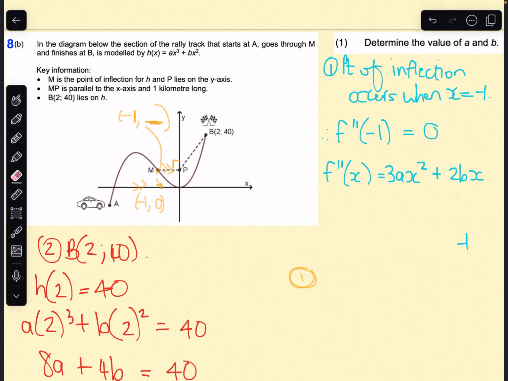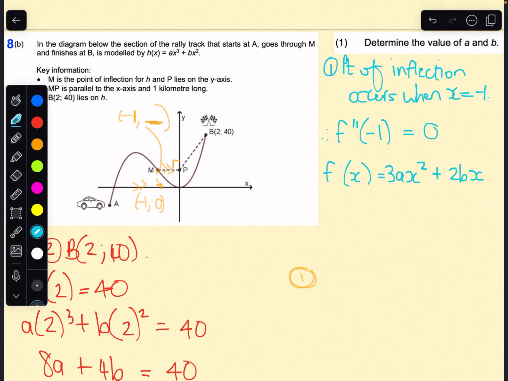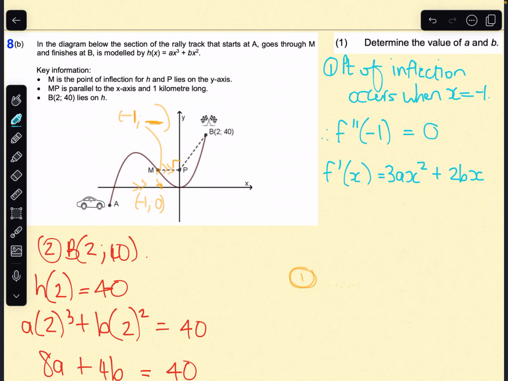Okay, so this was in fact the first derivative. Sorry about that. The second derivative would be 6ax plus 2b.